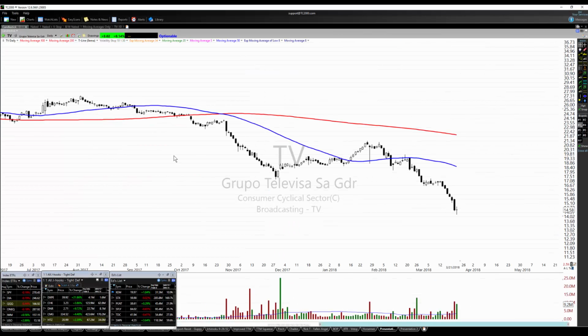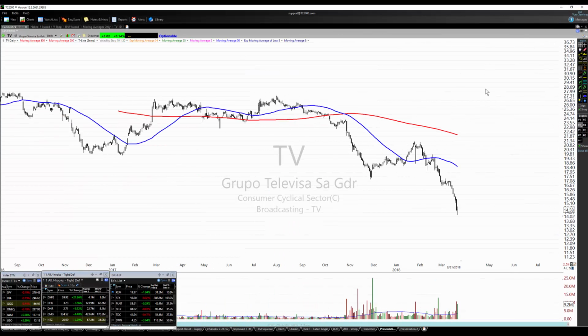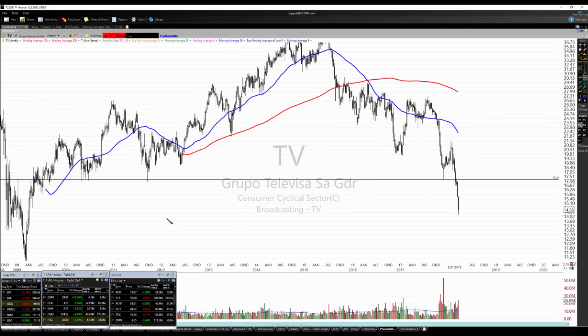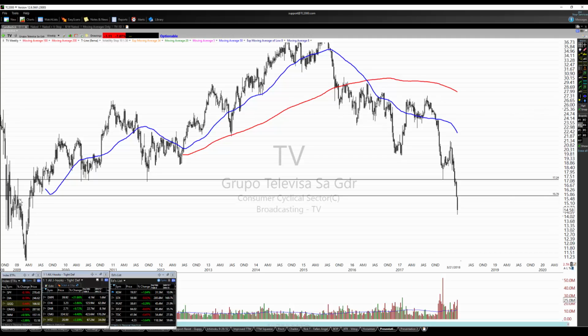I'm going to make this full screen so that we can work off of it. Let's draw in our support and resistance. Yeah, someplace like that. Let's go to a weekly chart. Is there anything out here? Yeah, let's say we could draw one there off of these highs and these lows.